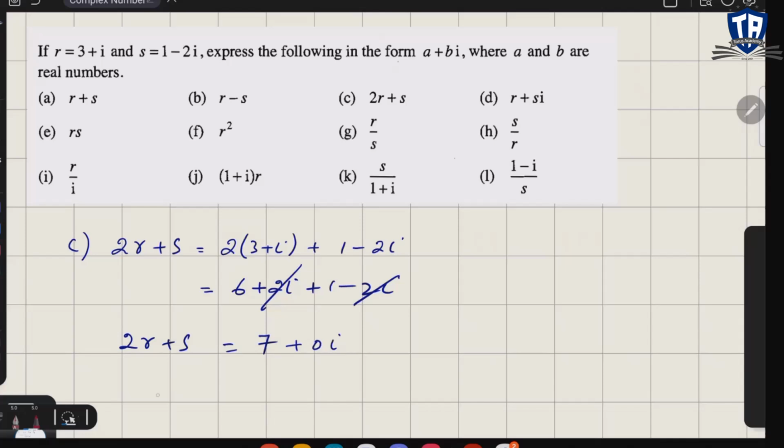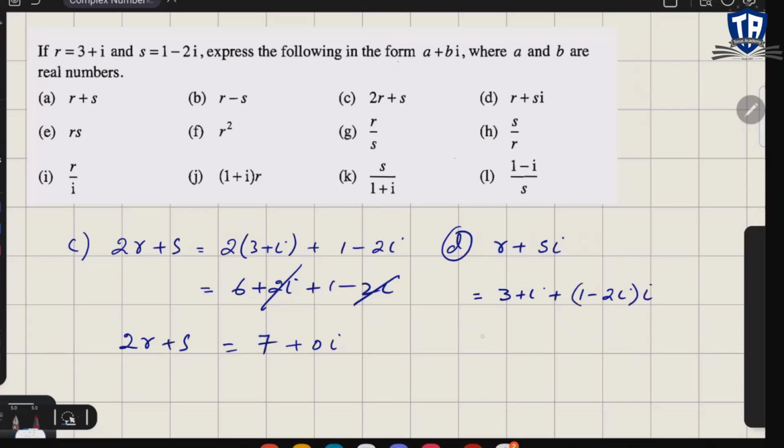Okay. In the D part, r plus si. See, s is a complex number and it is multiplying with iota. So let's see what will happen. Although it's very simple, it is 3 plus iota, and s is a complex number, 1 minus 2 iota, and we write it in a bracket and multiply with iota.